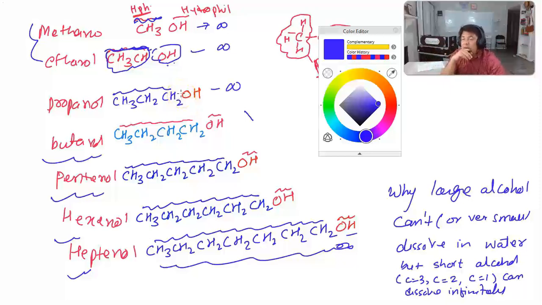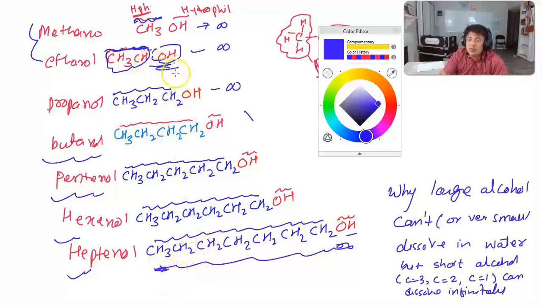But as the molecules become larger and larger, the hydrophobic part, which is repulsive with water, dominates the total intermolecular force between the alcohol and the water. The hydrophobic interaction dominates the hydrophilic interaction. That's why this cannot dissolve.